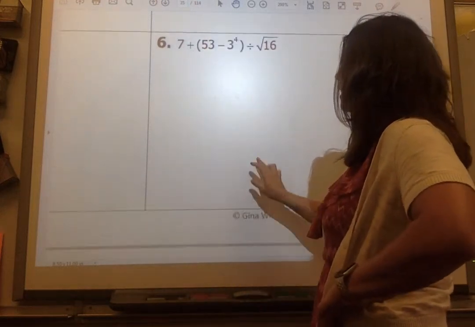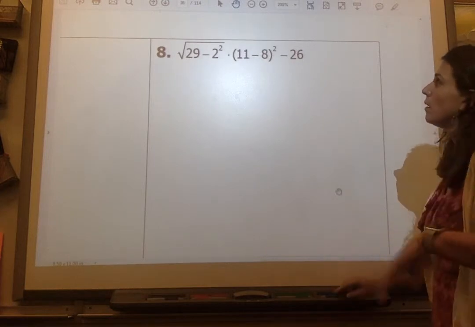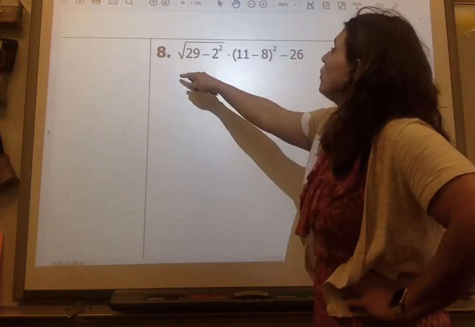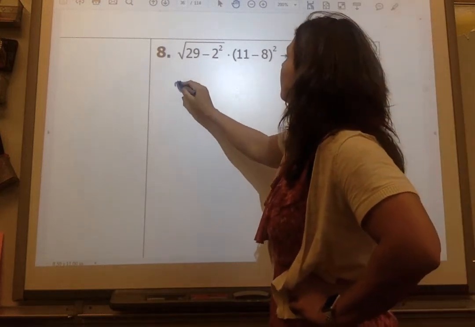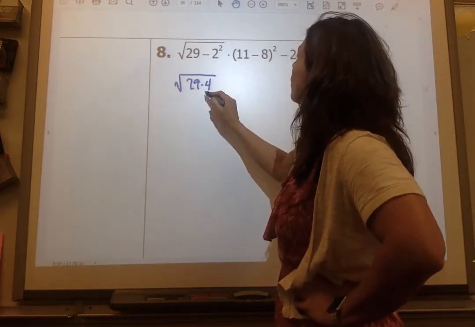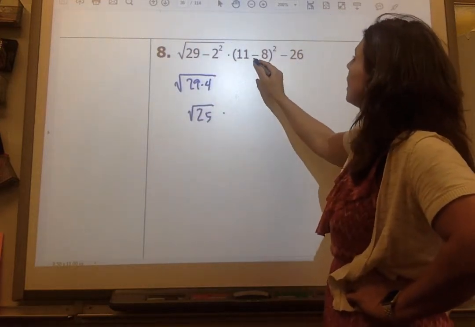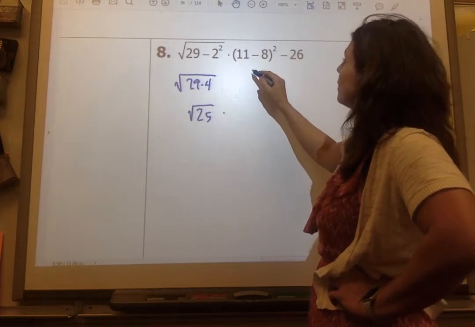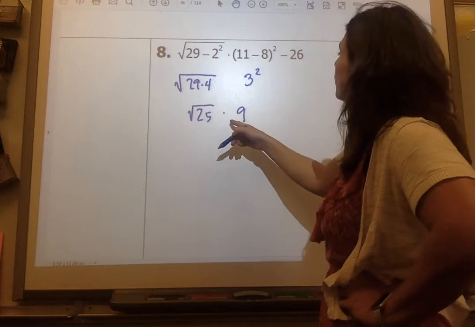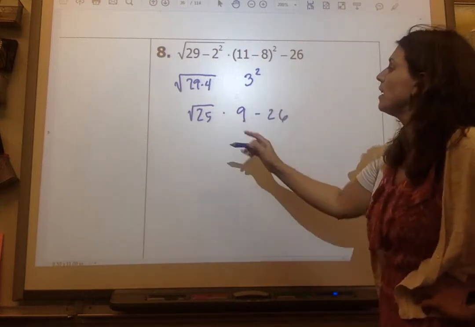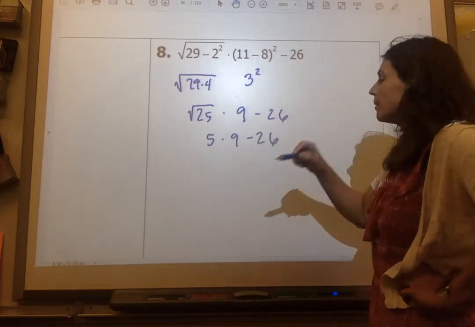Let's take a look at, scroll down, let's do number 8. So underneath this square root is still kind of a bracket. I still need to do that. So I have 29 minus 4, and there I have the square root of 25, times 11 minus 8 is 3, and I get 3 squared, which is 9. So I have square root of 25 times 9 minus 26. Square root of 25 is 5 times 9 minus 26.